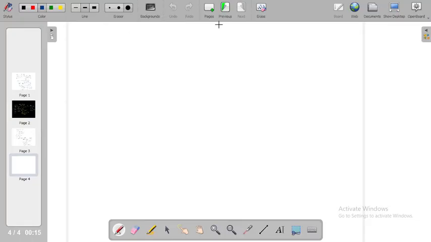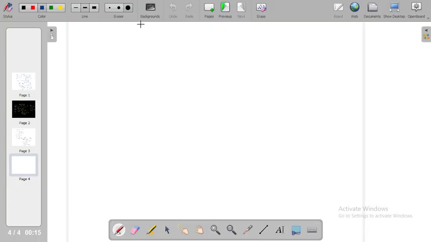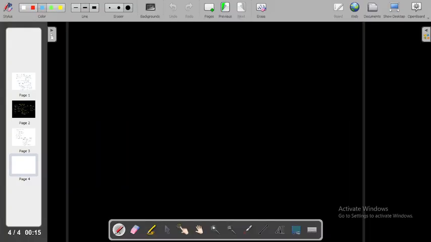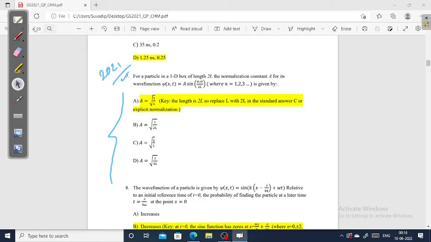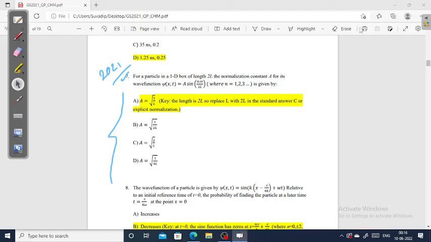So we know for a particle in a 1D box, the wave function is given, and that is psi equals A sine(n pi x by L). Here psi is a function of x and t, okay?